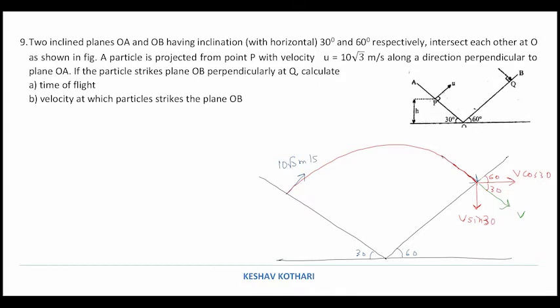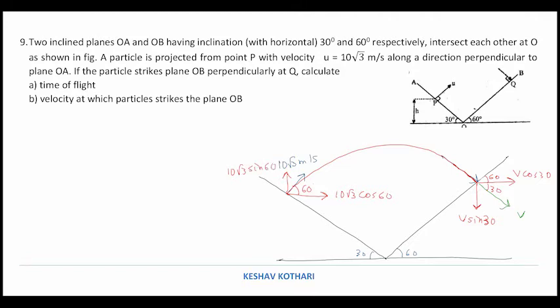Over here also, if we break the component along the x-axis, this is 60 degree and we write it as 10 root 3 cos 60 degree, and the vertical component as 10 root 3 sin 60 degree.